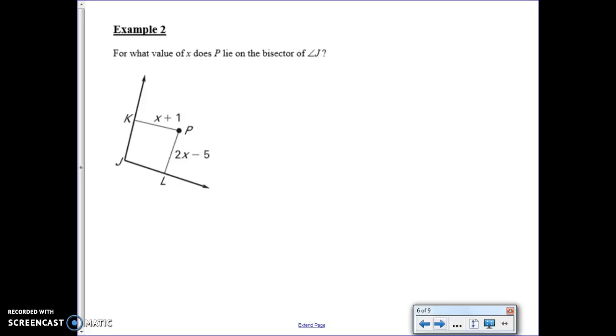Okay, for what value of x does P lie on the bisector of angle J? Well, if it's supposed to be on the bisector, then those two segments should be the same length. So we set them equal to each other. So x plus 1 equals 2x minus 5. So I'm going to subtract 1x from both sides.